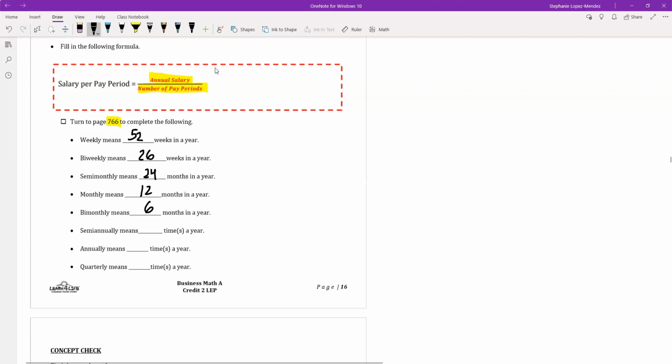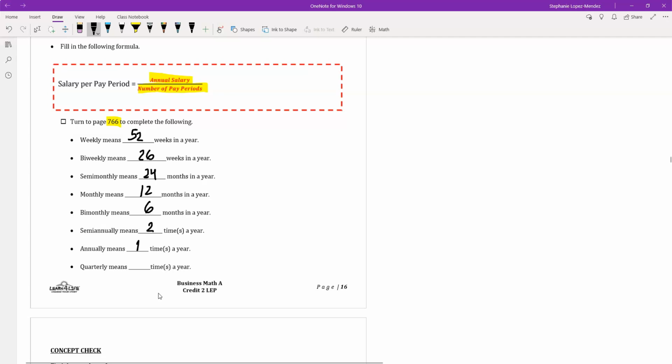Semi-annually means that you get paid once every 6 months. Since we have 12 months, or 2 times 6, we can only get paid 2 times per year. Annually means that you only get paid once a year. That's why it's only 1 time a year.